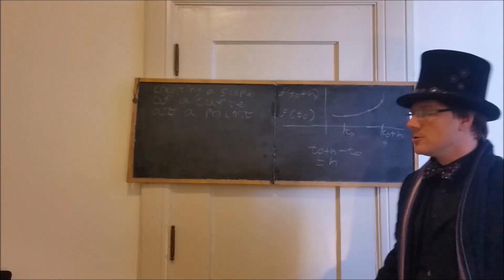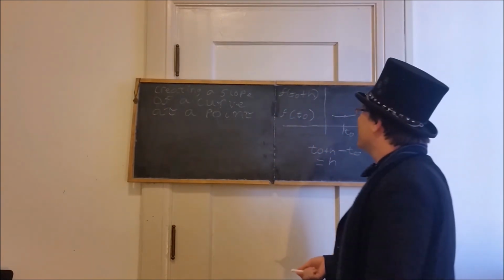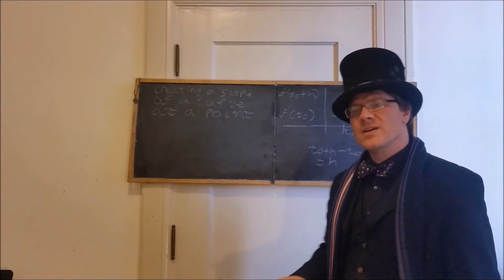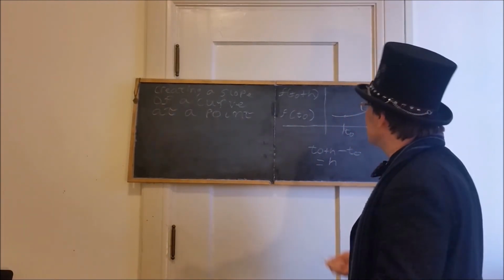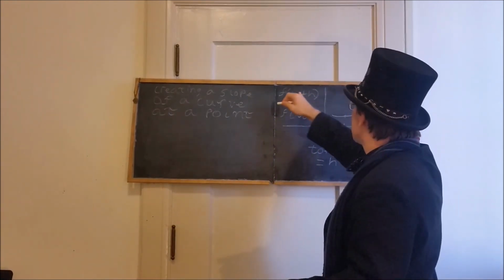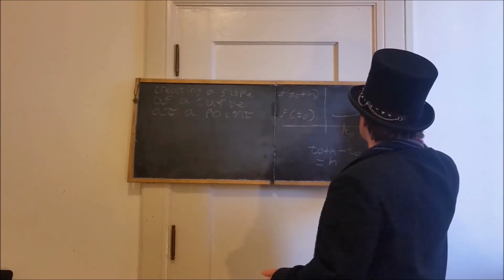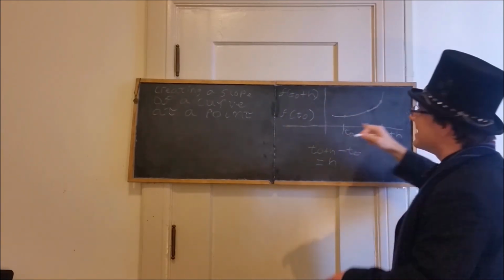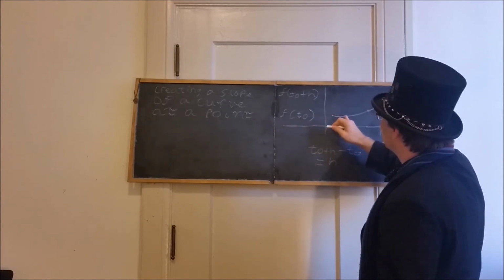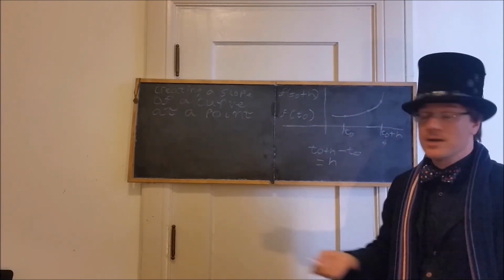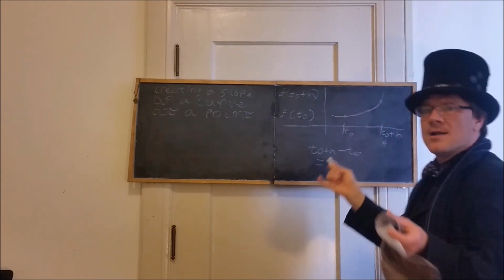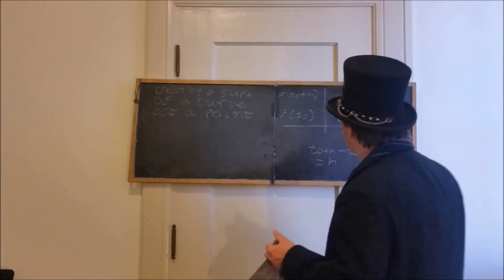So f of t sub 0 is how we would say that. And now we want to find the difference, the change, the delta, as it were, in between these 2 points. So this is our final point. This is how far we've traveled in the y-axis. And this is our initial point, I should say, of our y-axis. So we want to get the change in those 2 points.